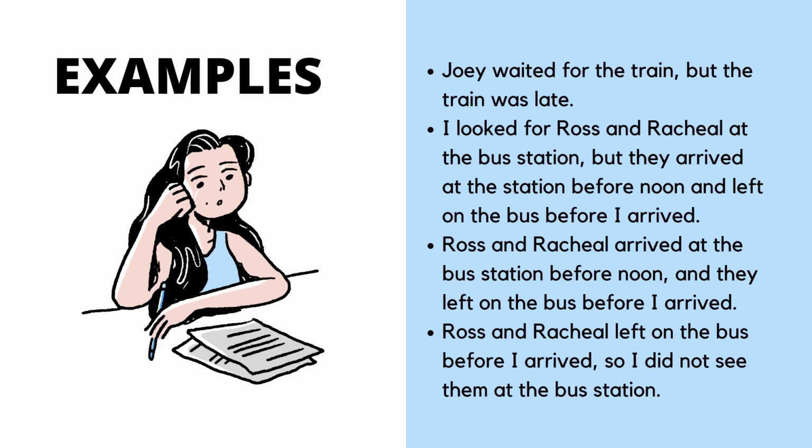And the last example is, Ross and Rachel left on the bus before I arrived, so I did not see them at the bus station. Here, Ross and Rachel left on the bus before I arrived is the first clause and it is connected to second independent clause, I did not see them at the bus station, using so.